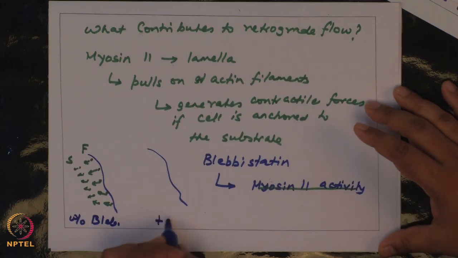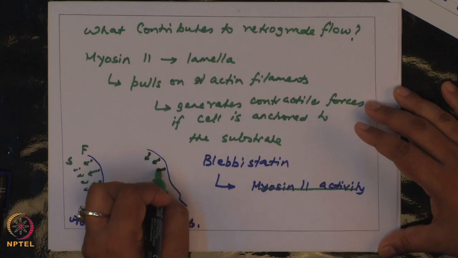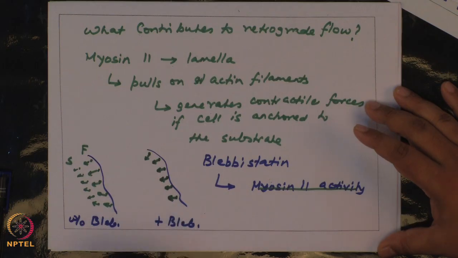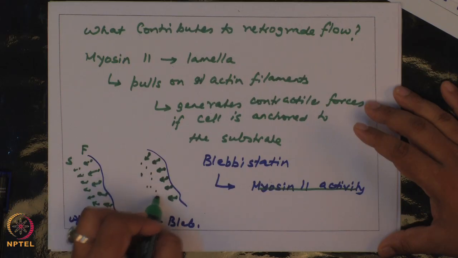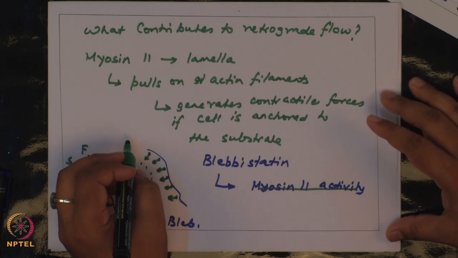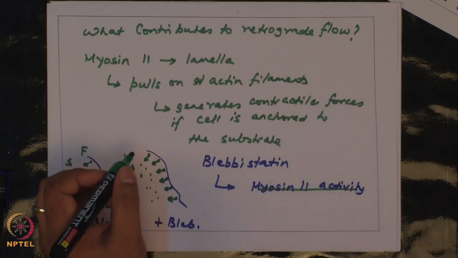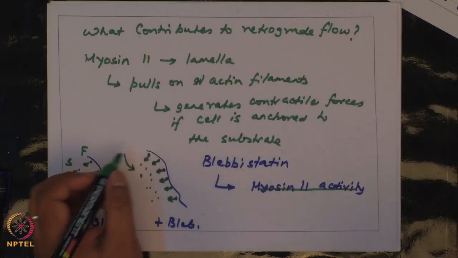When you add blebistatin, the particles at the edge retain the retrograde flow, but internally, retrograde flow is eliminated. So, you have retrograde flow nearly eliminated.